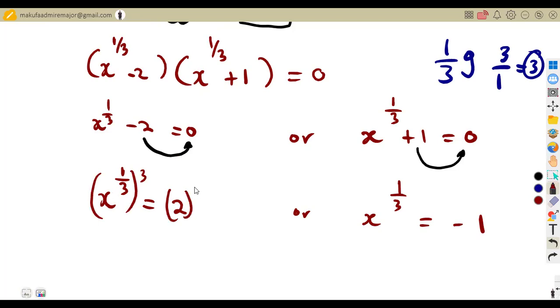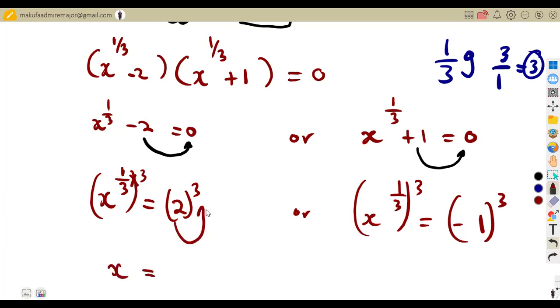Also, this to the exponent of 3, the reciprocal, everything to the exponent of 3. So if we multiply, we're going to have x to the exponent of 1, which is the same as x. 2 to the exponent of 3 on your calculator is going to give you 8. All right, so this is going to give us an 8 in that case.